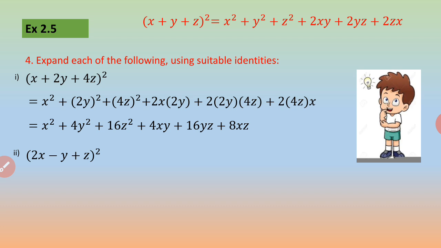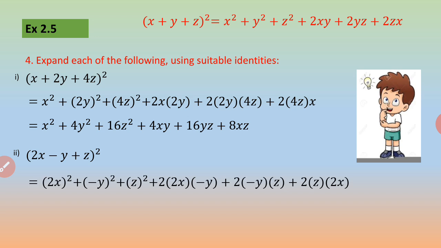2x minus y plus z whole square. Now children, in this identity also you have to be very careful about your signs. Signs are to be considered in this identity also. Substitution. Here x in the identity is 2x. Y in the identity is minus y in this case.